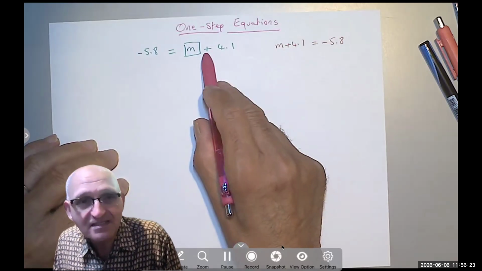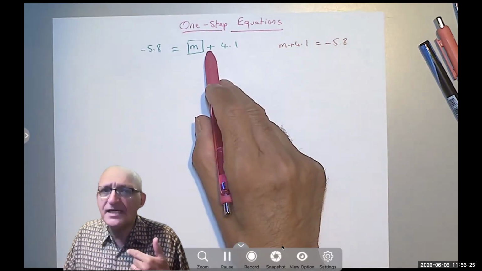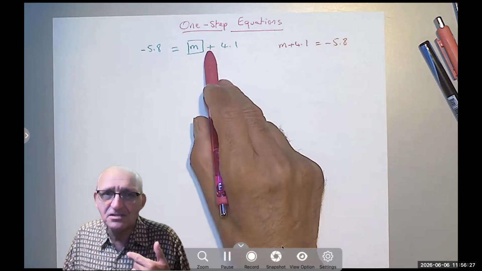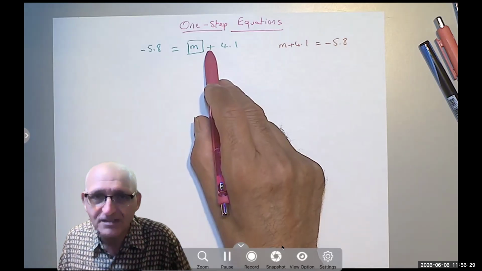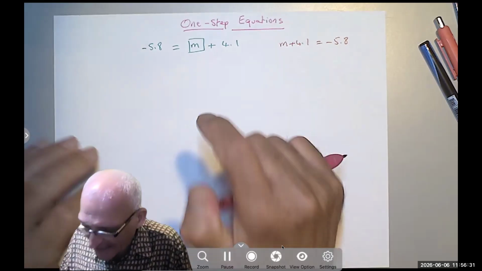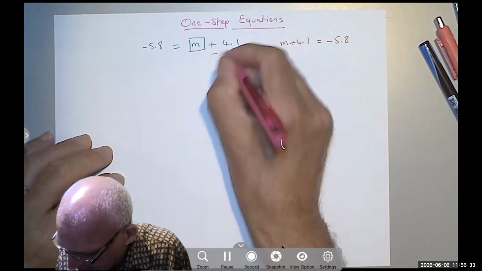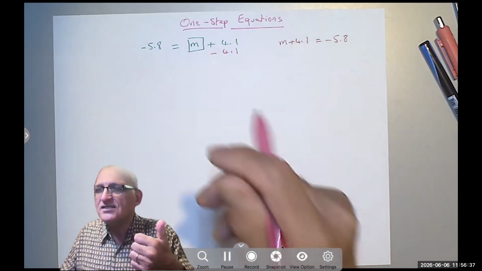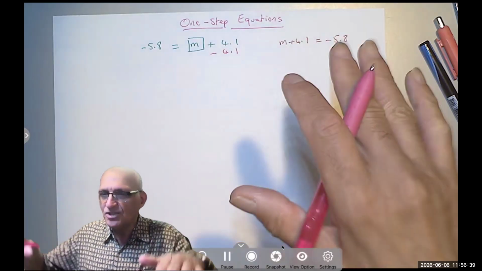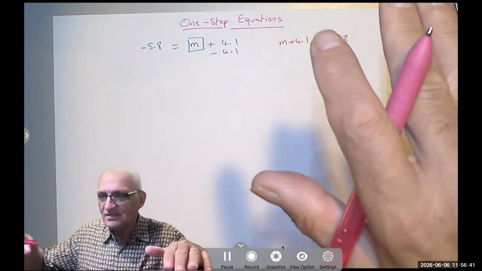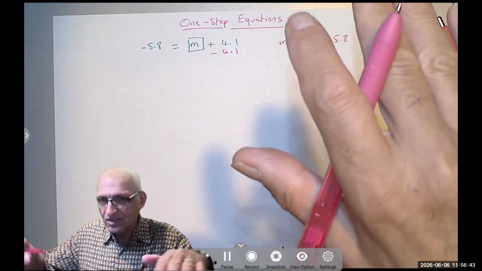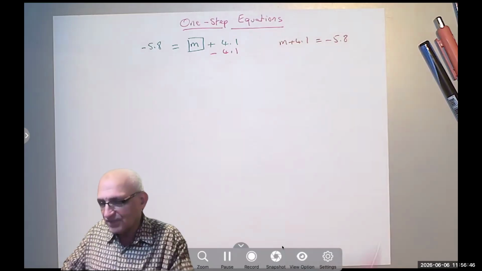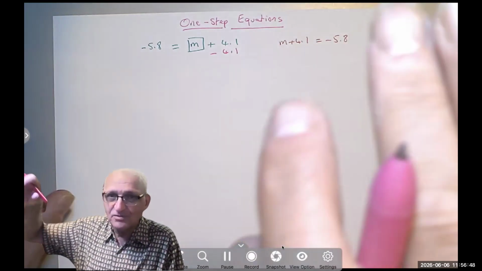There is a positive sign. And I learned that the opposite of addition, or we call it the inverse of addition, is subtraction. So I'm going to subtract 4.1. That's the first thing I do. And then I said, oh my God, that balance will not be level now, because I took away from the right-hand side, the left-hand side would be heavier.